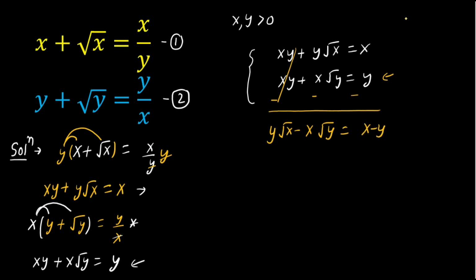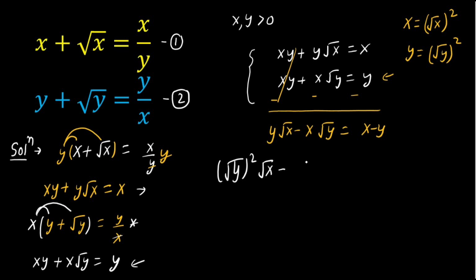And we know that x is the same as square root of x whole square and y is the same as square root of y whole square. Now this y is replaced by square root of y whole square times square root of x, minus this x replaced by square root of x whole square times square root of y, and this equals square root of x whole square minus square root of y whole square.